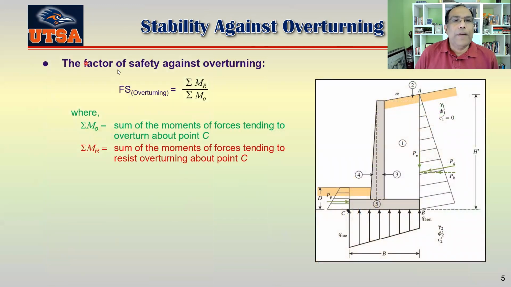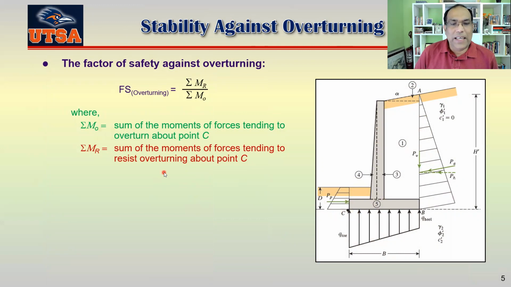So your factor of safety against overturning has to be the summation of moment that's trying to resist that movement, over the summation of moment that's trying to drive that overturning, okay?